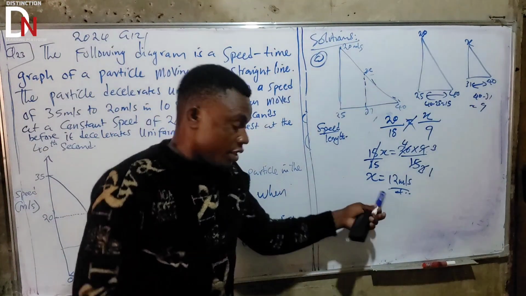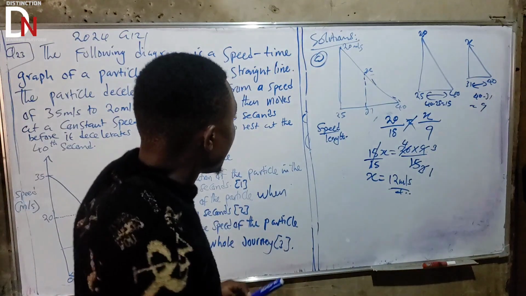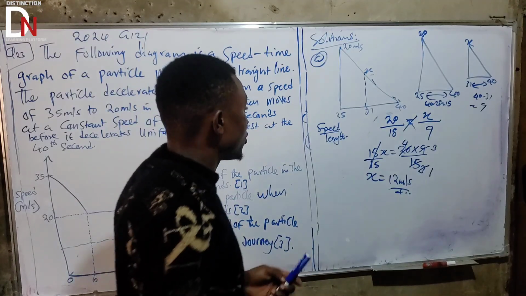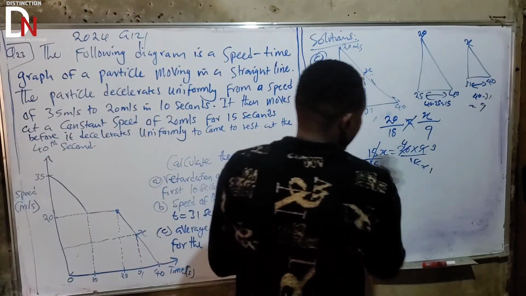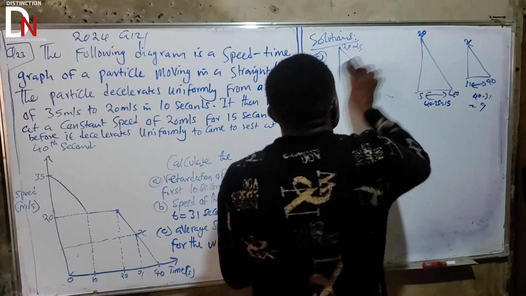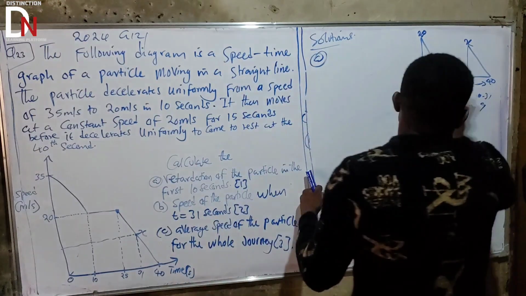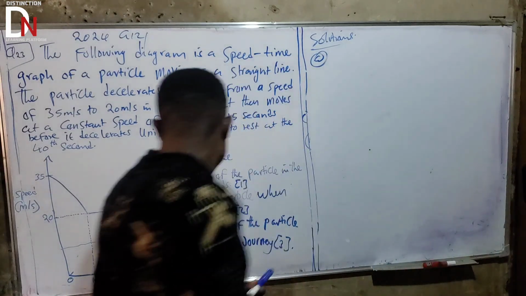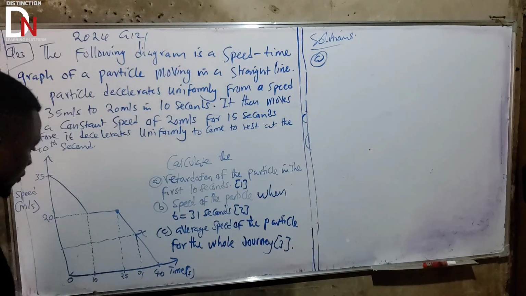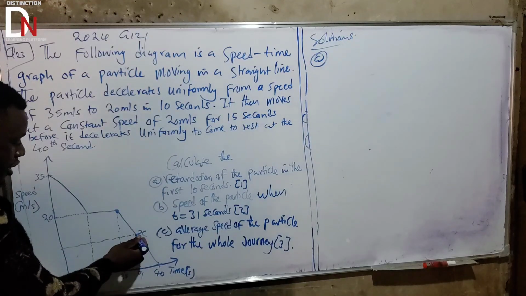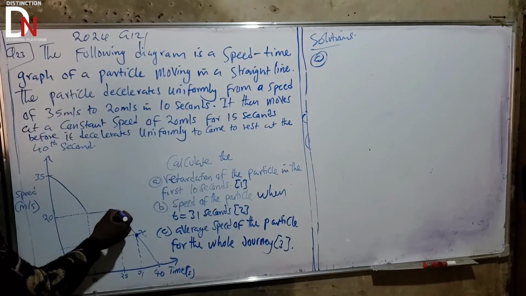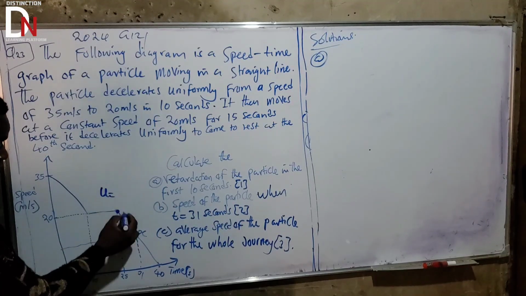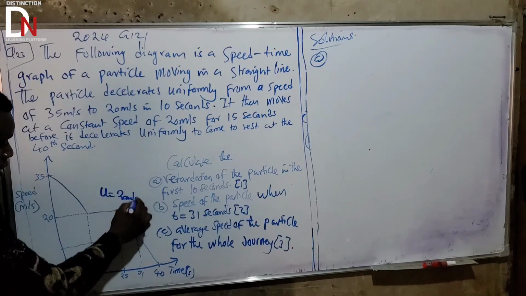I can also try another method, just to make sure I get the same answer. Look at this. I want to find the final velocity. When this was decelerating, the initial velocity started with 20 meters per second.